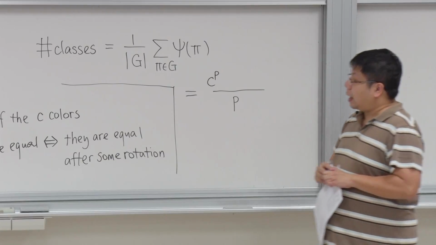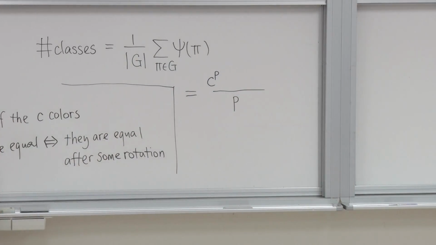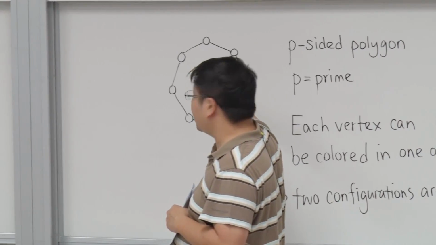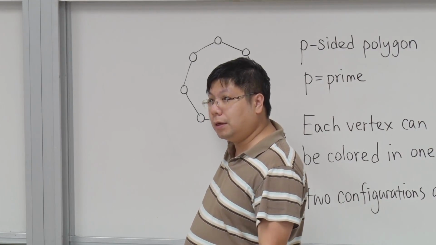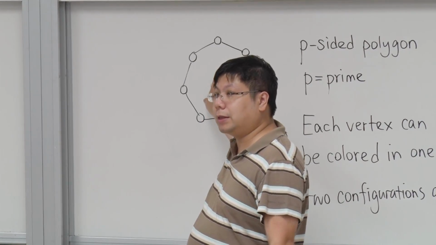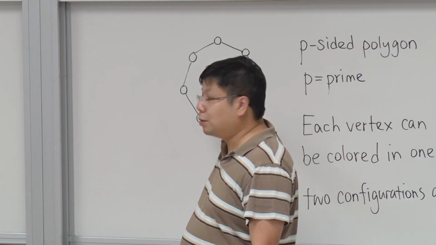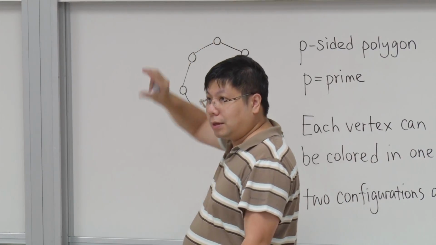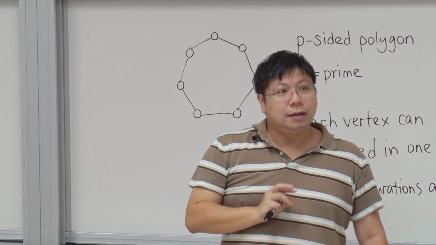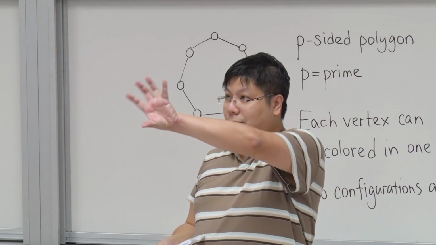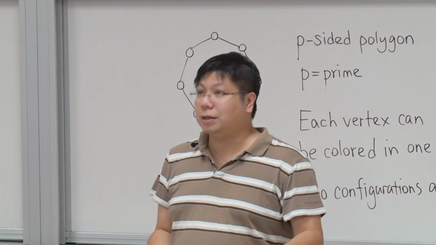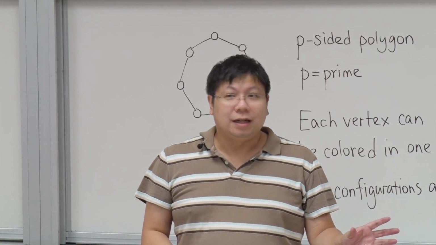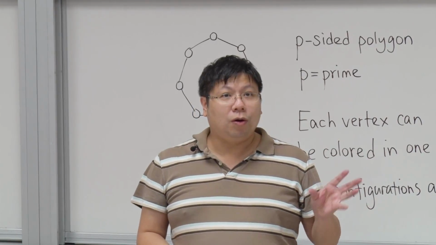Now suppose that we have a certain coloring, and after rotating by 2 pi over 7, it is the same. What does that mean? It means that the vertices must all be equal.